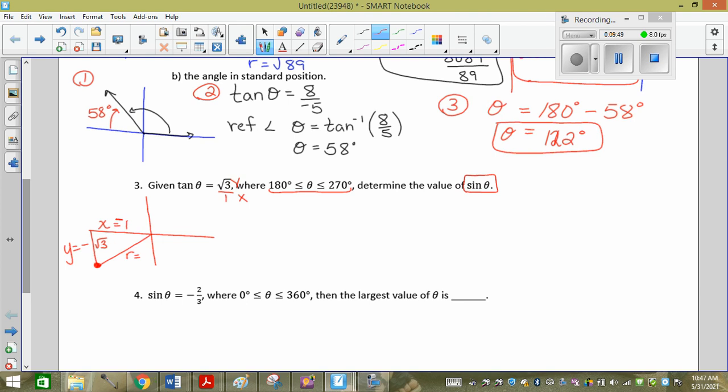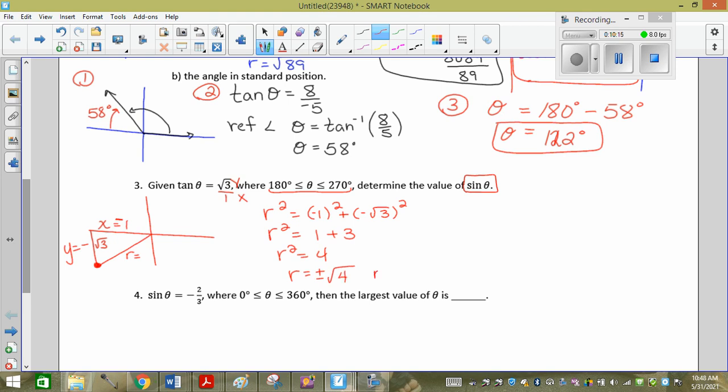So we define our third side. r squared equals negative 1 squared plus negative root 3 squared. r squared equals 1 plus 3, because negatives always become positives when squared. So r squared equals 4. So r equals plus or minus root 4.